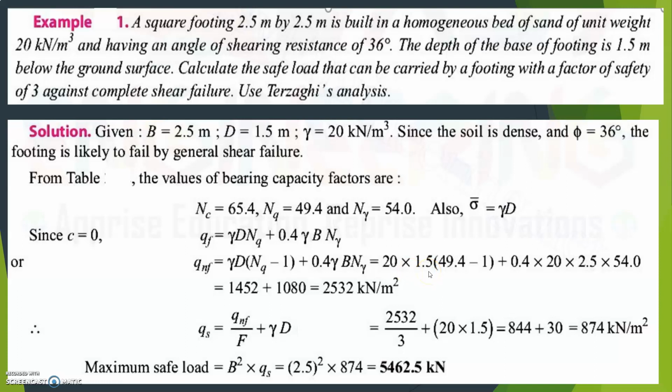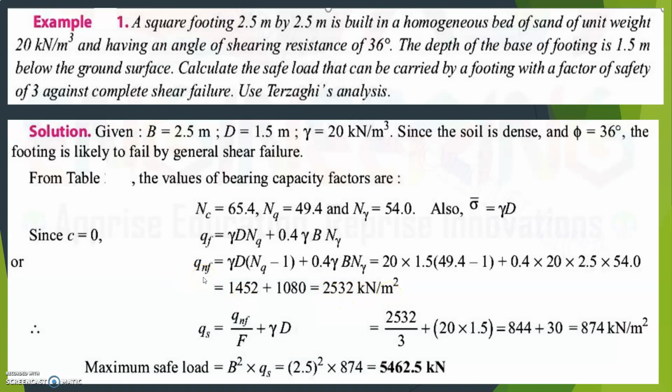Depth of the footing is 1.5 into NQ, 49.4 minus 1, plus 0.4 into gamma 20 into width of the foundation, this is a square footing so width is 2.5, into N gamma, that is 54. Simplify, and you get the answer 2532 kilonewton per meter square.